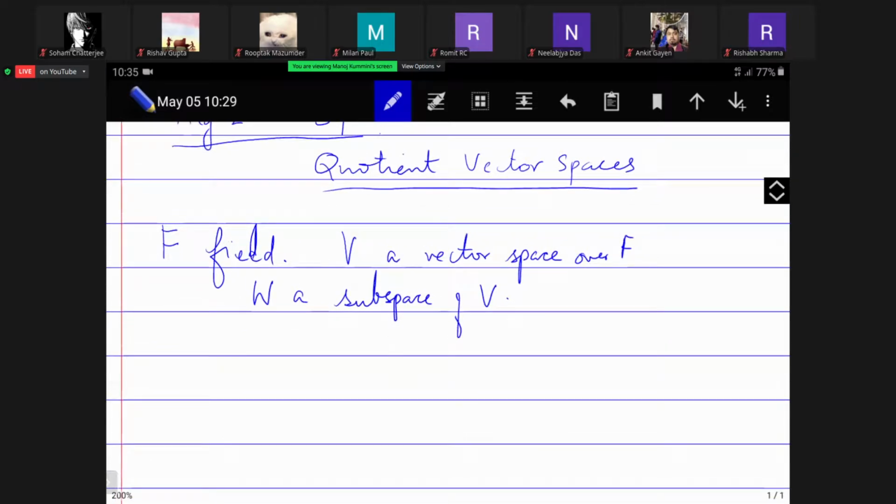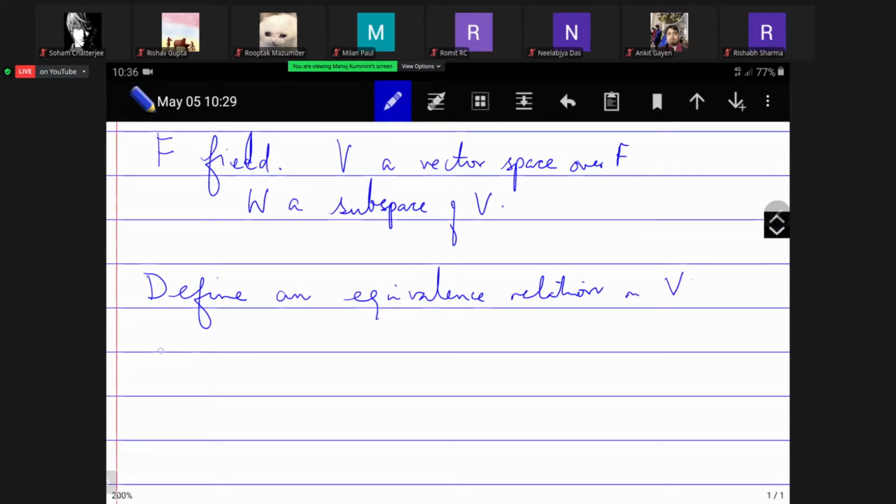So define an equivalence relation on V by setting V1 related to V2 if V1 minus V2 is inside W.